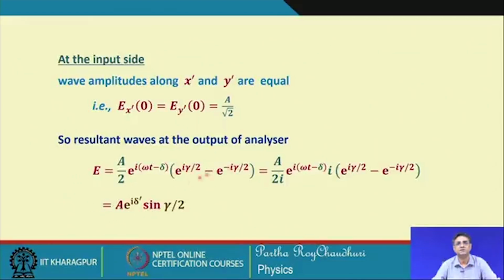So, I replace this entire quantity i(omega t minus delta) by i delta', and this is for this sine gamma. So, you have a very straight, reduced relationship for the output electric field in terms of the phase difference and the amplitude, which is the input amplitude.